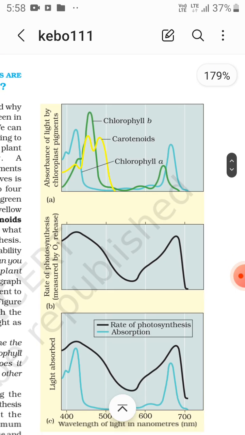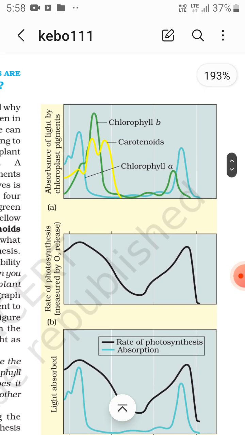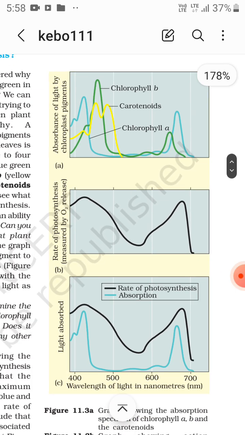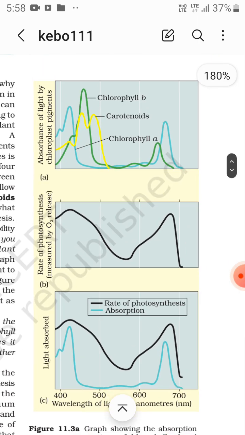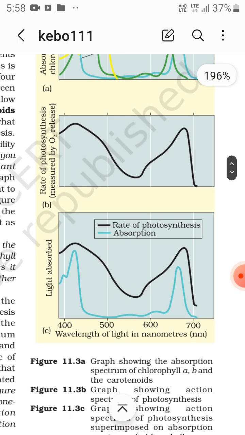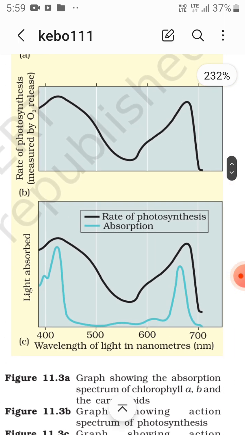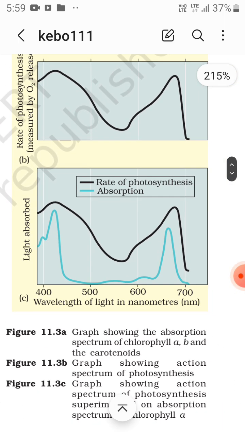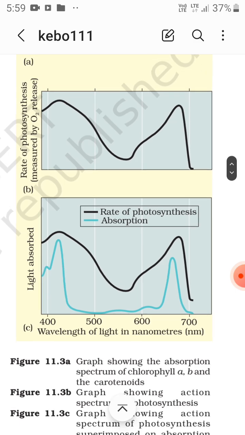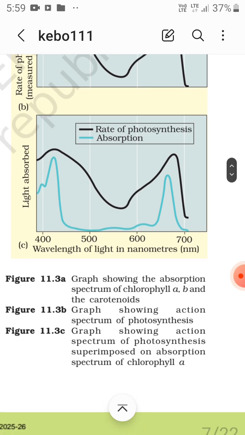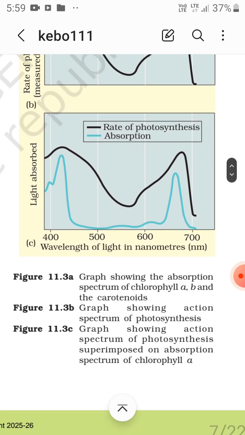Then there is the rate of photosynthesis measured by CO2 released. So this is the second diagram, the action spectrum of photosynthesis. And then the third diagram shows the light absorption. As you can see, wavelength of light in nanometers, rate of photosynthesis, and absorption just overlap one to one.